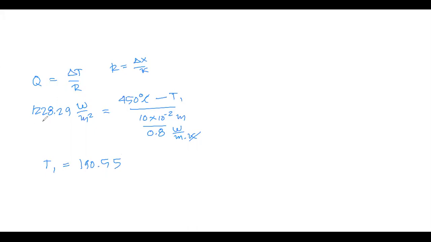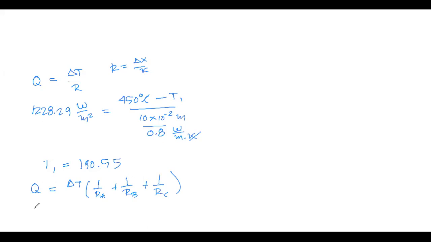For T2, this is still our Q, but now it's parallel. So for parallel, our equation is Q equals delta T multiplied by 1 over RA plus 1 over RB plus 1 over RC.